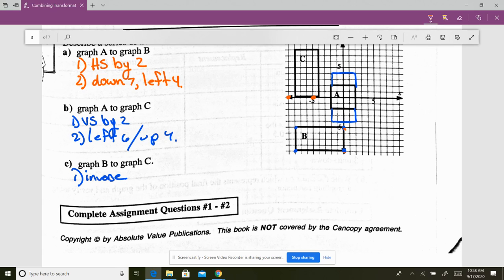Everybody with me so far? This point right here is, what is that? (-8, -5) is going to go to (-5, -8). And then the other one will go to that point right there. So that's what happens when you do an inverse. You get that.